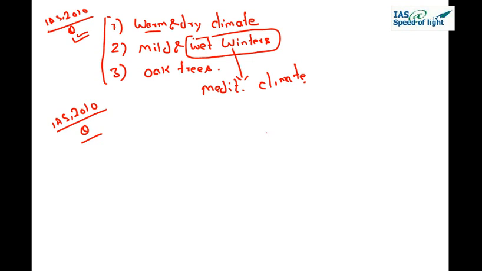In this question they have given the average temperature for each month. So the maximum temperature for the year is 31 degrees centigrade, and the minimum temperature is 20 degrees centigrade.